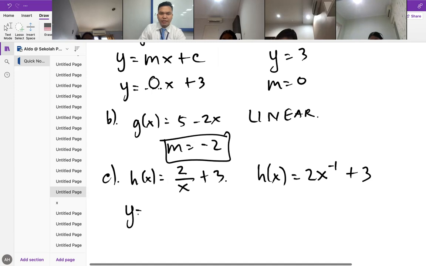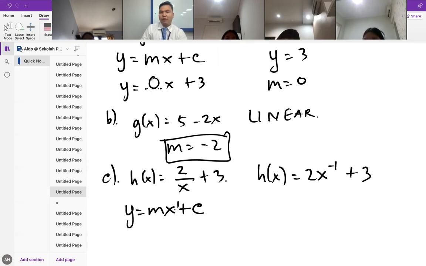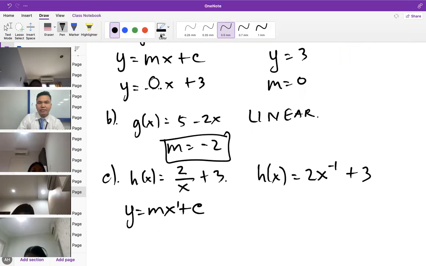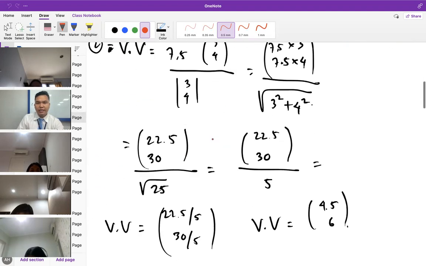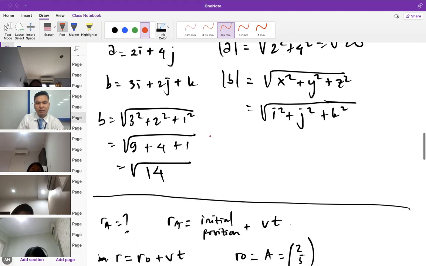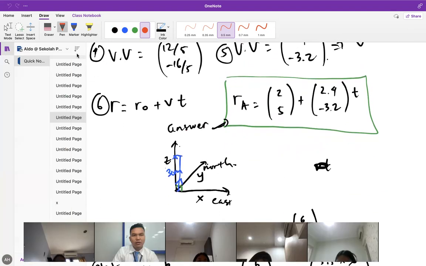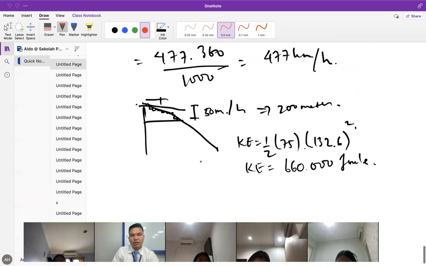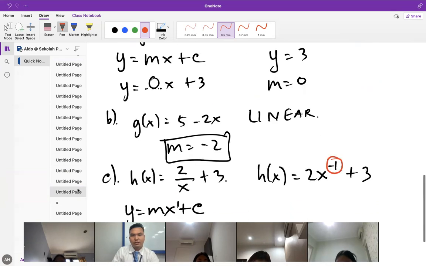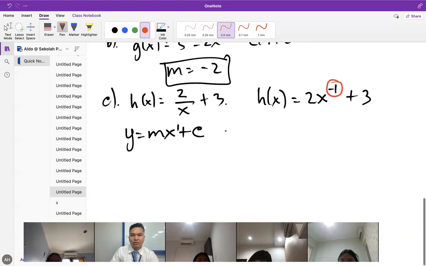Remember, the equation of a line is y is equal to mx plus c, and x has to be to the power of 1. While here, as you can see, it's not to the power of 1, but to the power of minus 1. So this is clearly not a linear function.